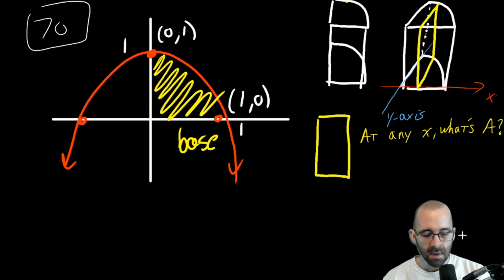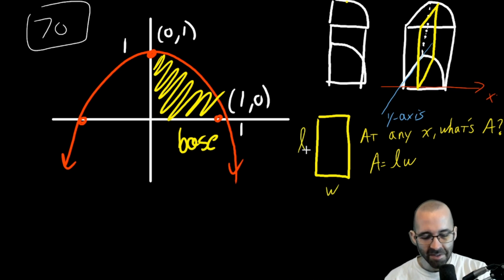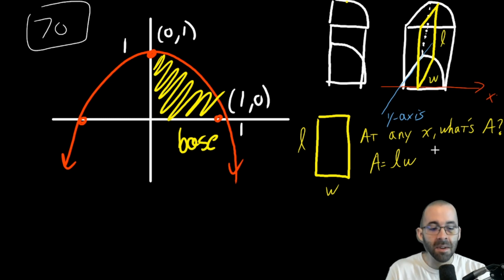Well, area is going to be length times width. Let's say this is L and this is W. It doesn't matter what we call L and W, but let's call it this way.